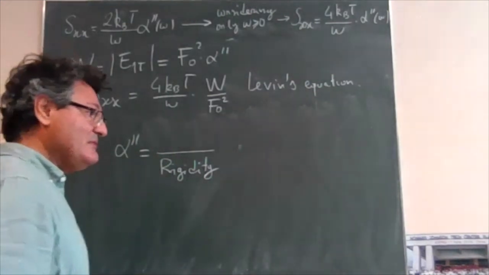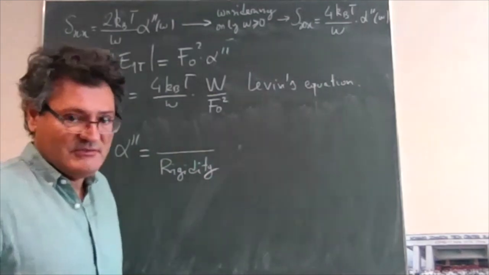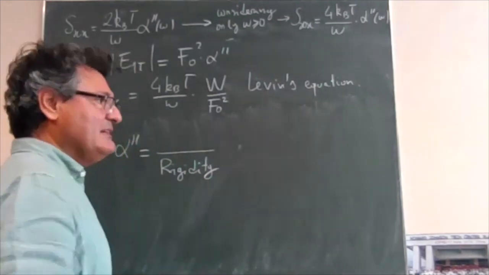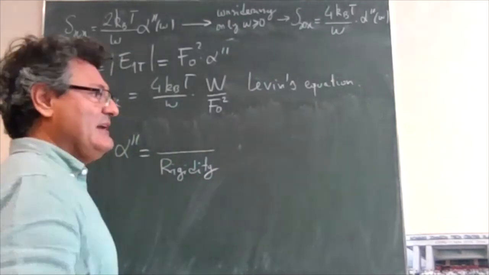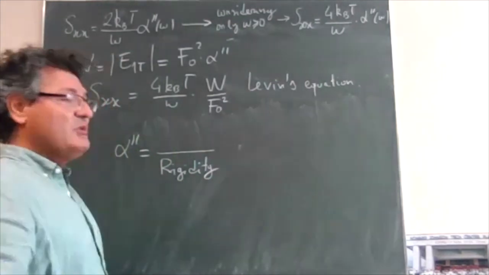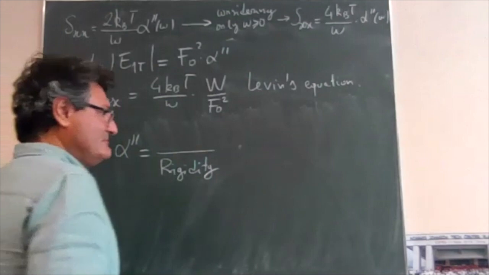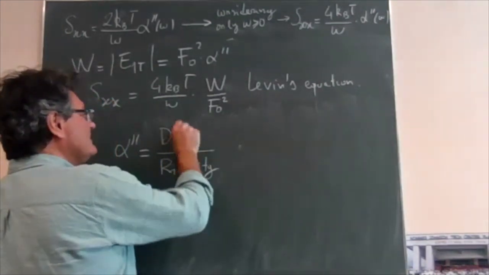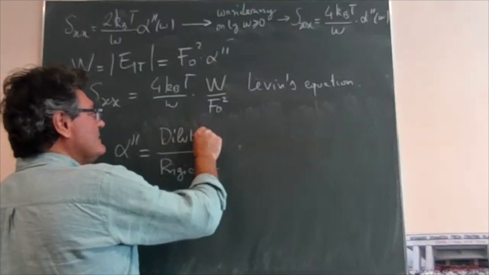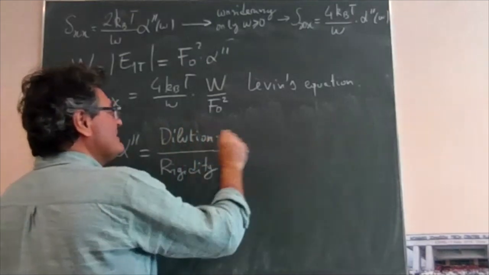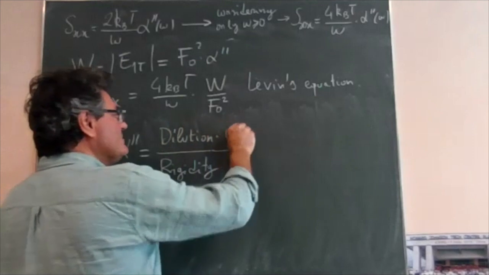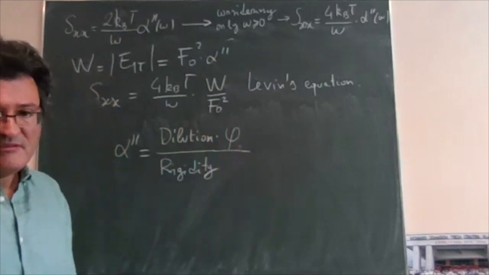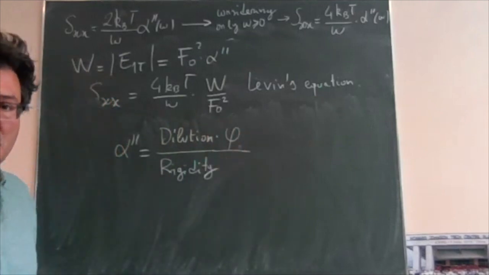And the imaginary part is written, this is not intuitive at all, always as the product of two quantities that are rather important. One is called dilution times the other quantity, what is called the loss angle phi. Okay?